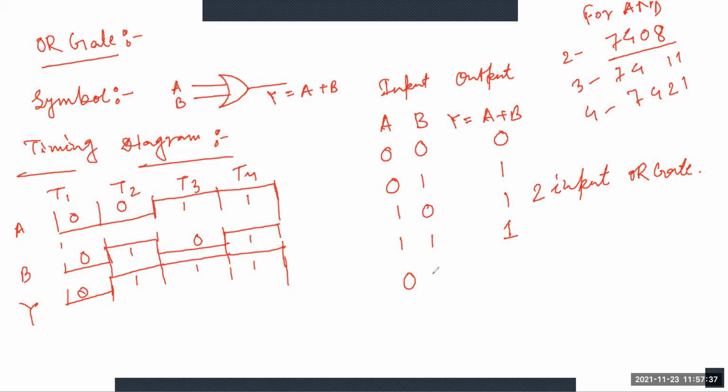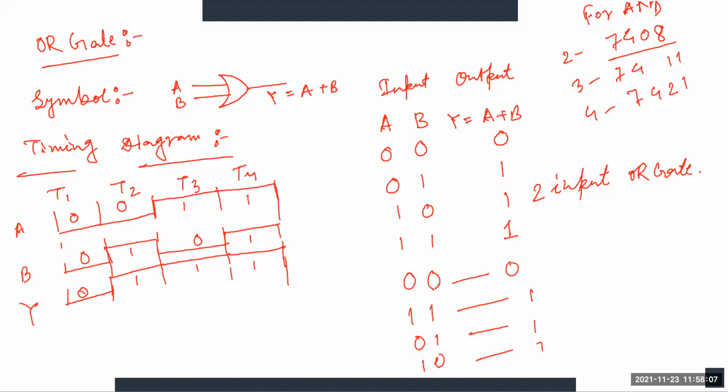Suppose you have written 0 0, then suppose 0 1, 0 1, suppose 1 0. So the corresponding output will change. Here this is 0, this is 1, this is 1, and this is 1. So when we draw the timing diagram accordingly from this truth table, it may change, because this is 0 0.